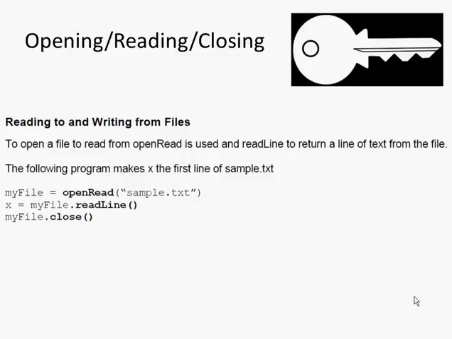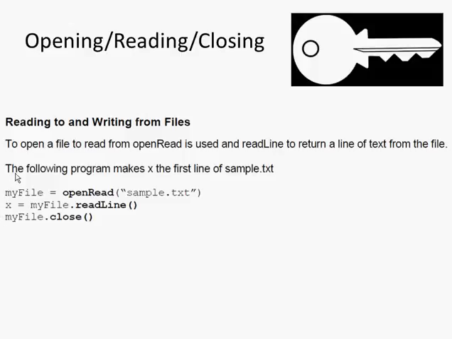Here's from the pseudocode guide from the exam board: reading to and writing from files. To open a file to read from, openRead is used, and readLine to return a line of text from the file. The following program makes x the first line of sample.txt. So we've got something that says myFile = openRead("sample.txt"). That means that myFile is an object in code and is set to basically the contents of sample.txt, wherever that may be.